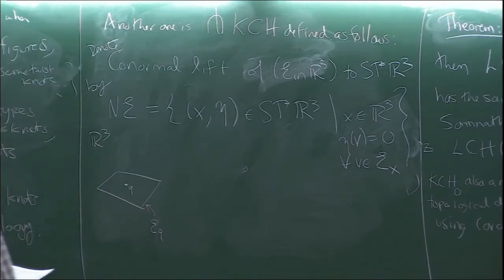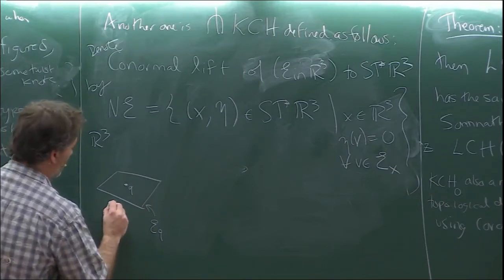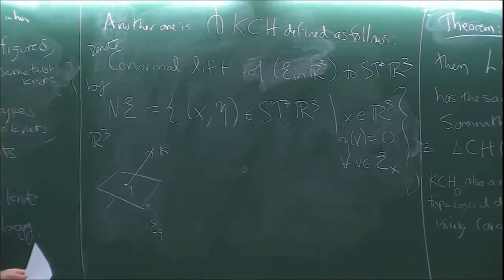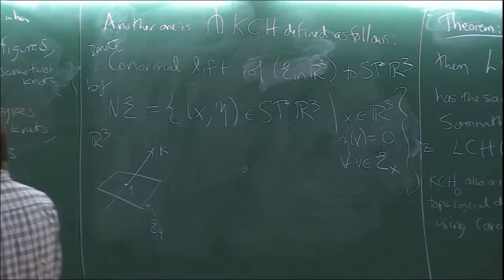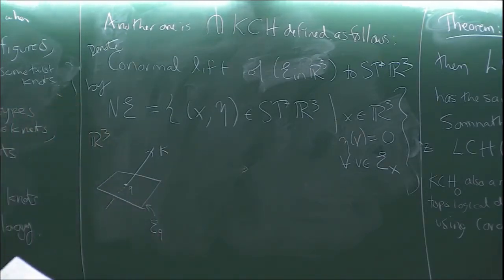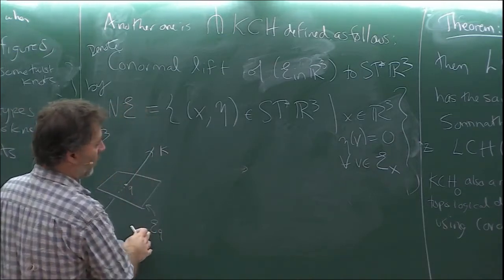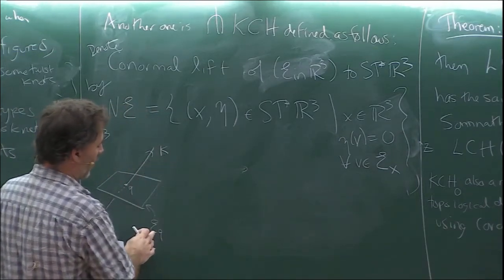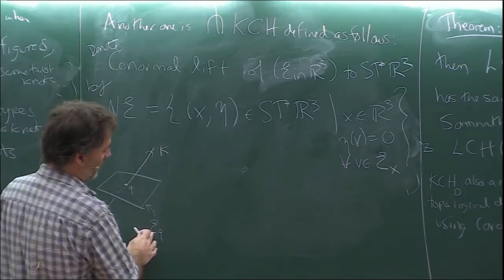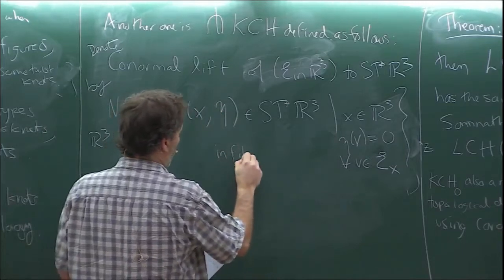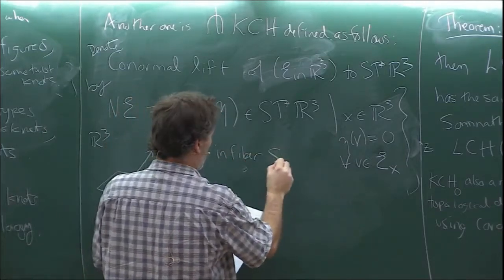And now I have a transverse knot. So it has to hit the plane transversely. And we have two different lifts. What does the conormal lift of the knot, and the conormal lift of the contact distribution look like over the appropriate fiber?